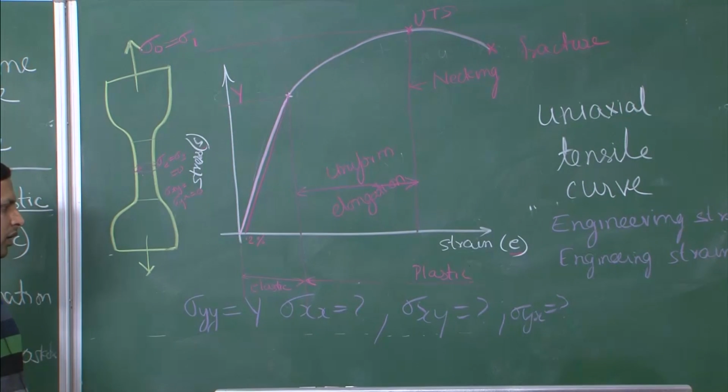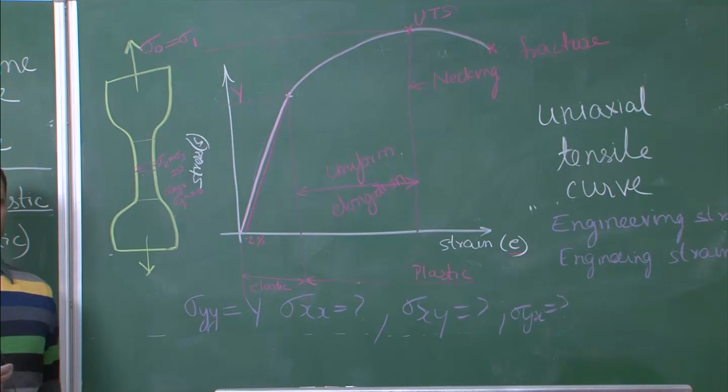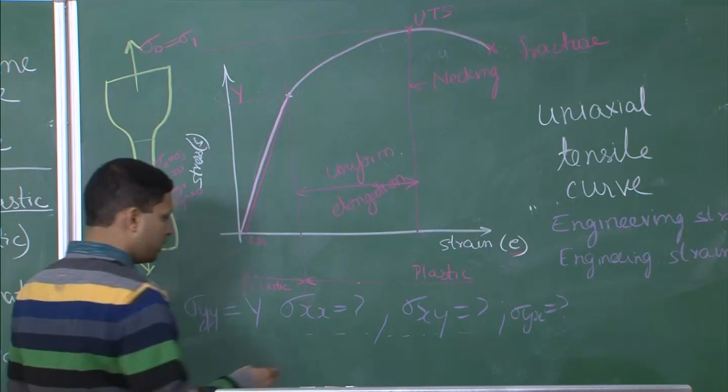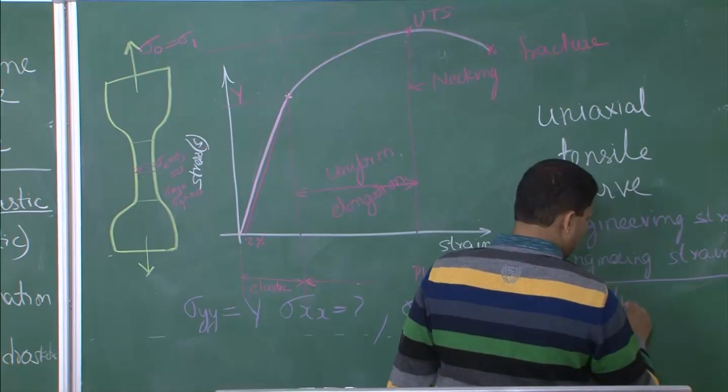Should they be independently defined? And that is why we need a way to define the yielding of the material, and this is where we need what is called the yield criterion.